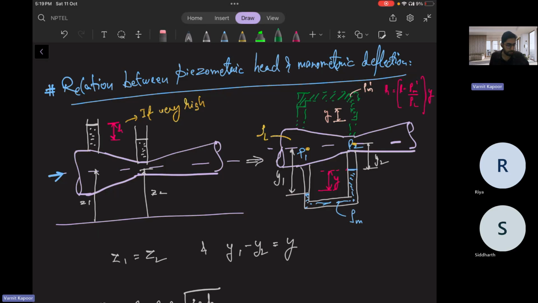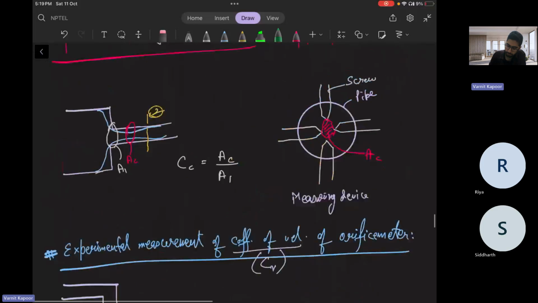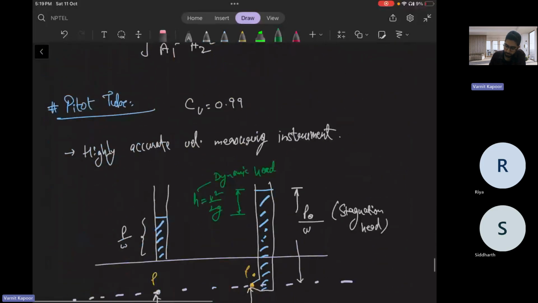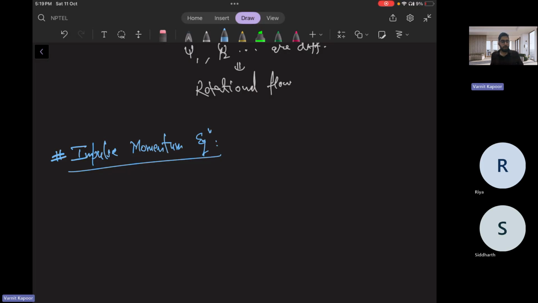Now let's come to the impulse momentum equation. Whenever the Bernoulli equation or continuity equation fails, then we will use this kind of equation, where the momentum is transferred.